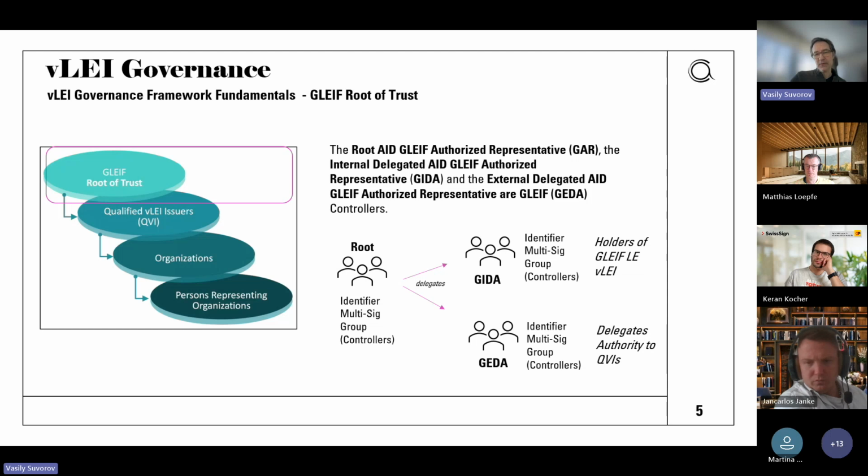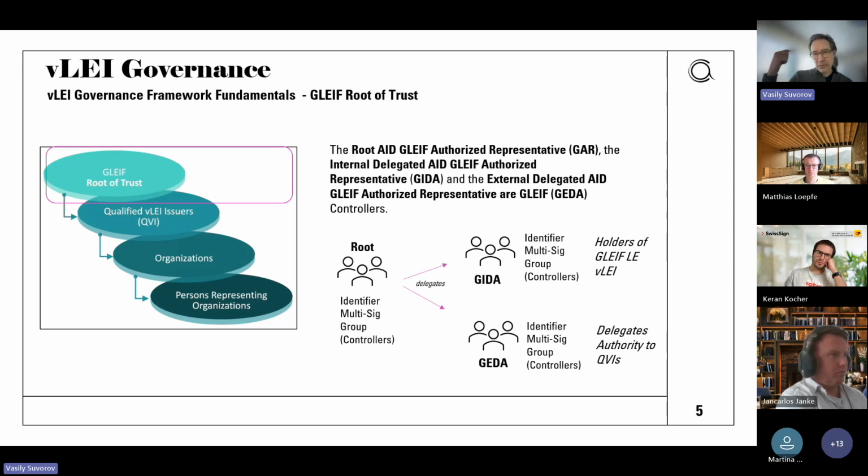And GEDA is something that works as a receiver of vLEI, because if you go to the GLEIF website and look for the Global Legal Entity Identifier Foundation, you will find that they also have a vLEI official organizational role as CEO. That's issued by a QVI to them.